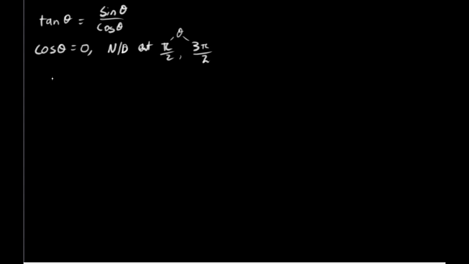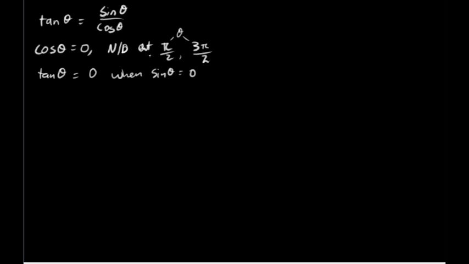We can also say that tan of theta is going to be equal to 0 when sine of theta is equal to 0, because 0 divided by anything else is always going to give us 0. So there's a few bits of definitions here.